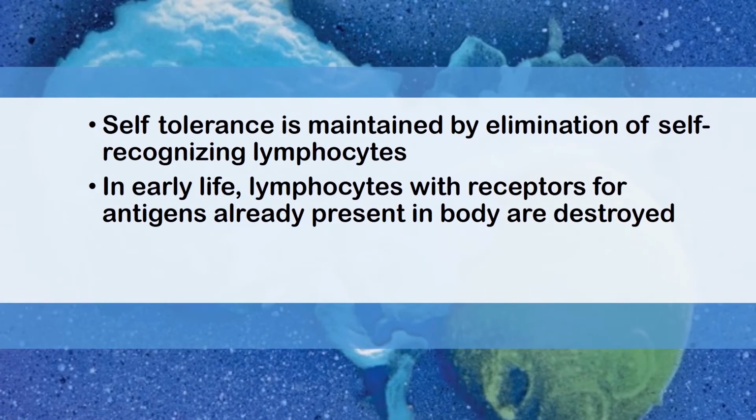Self-tolerance is maintained by eliminating those B cells and T cells, those lymphocytes that have receptors that recognize parts of you. This occurs early in life. While later in life, when you have a lymphocyte that is activated, it finds something that fits its receptor, it then goes on to divide and become active.